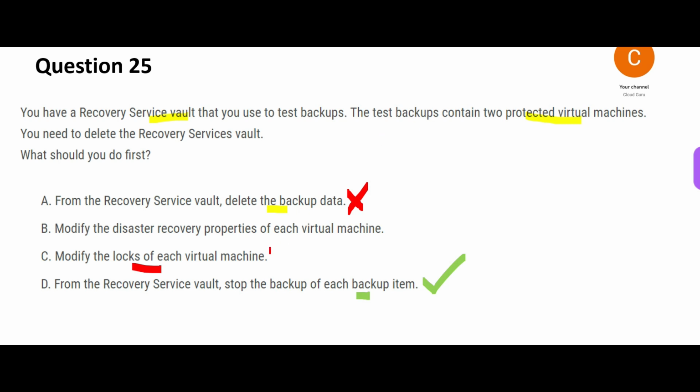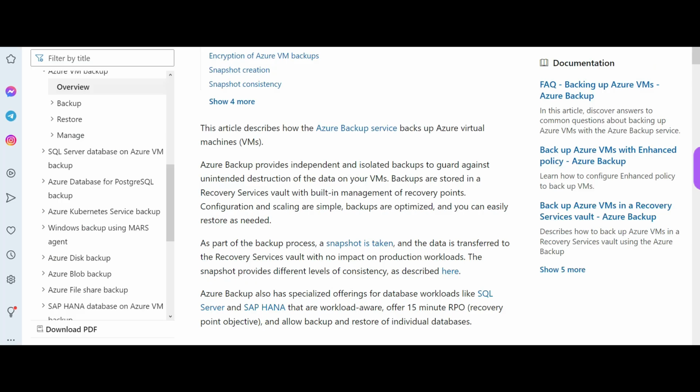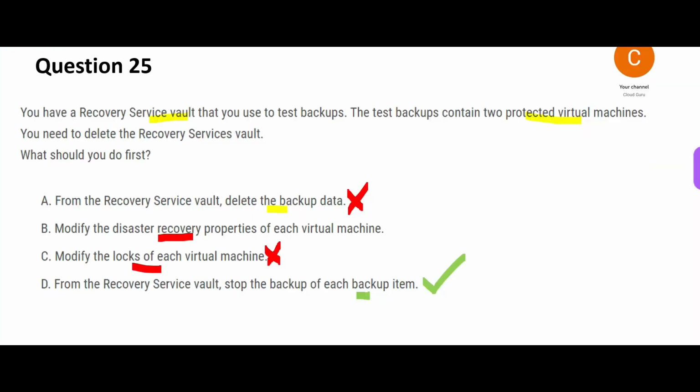So this is not going to help you, because you have to do something with the backup, like stopping it. Now B says we will modify the disaster recovery properties of the virtual machine. To take the backup, we enroll for the backup service. We don't go for the disaster recovery service. So this option does not fit the bill here. So this would be my final answer.